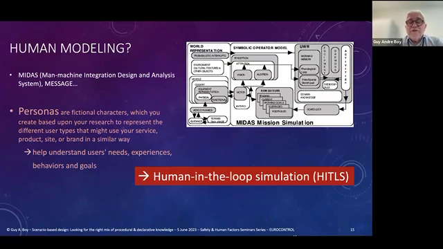But as far as I'm concerned today, the best model is the real one, the human. And human-in-the-loop simulation is the best for me at the moment. This is a very personal approach, but this is what we are developing right now in my chair, FlexTech.